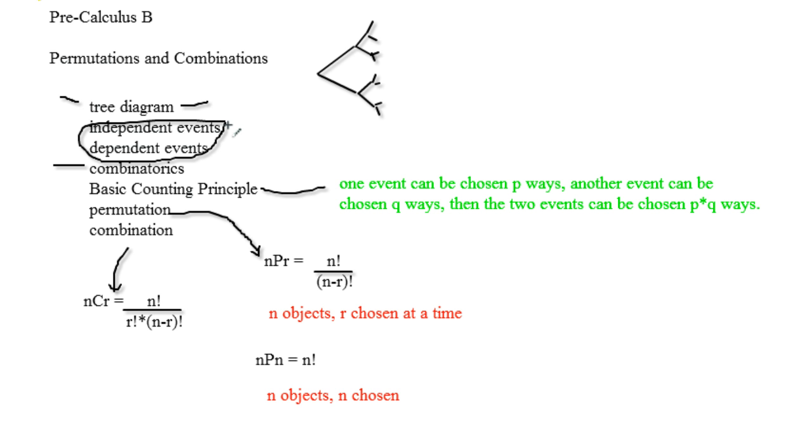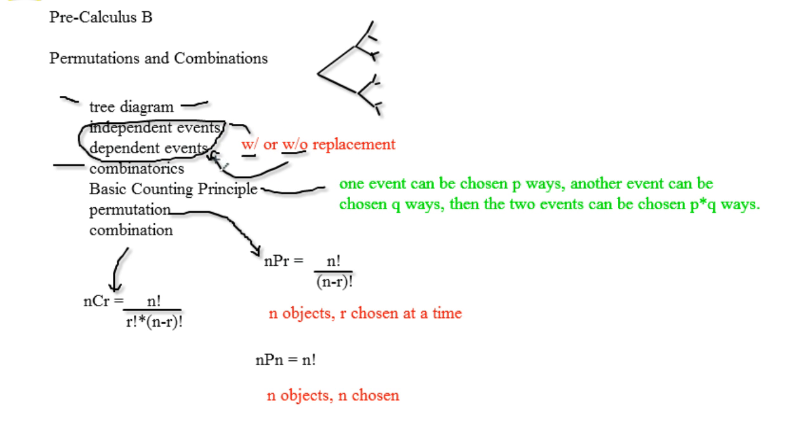Dependent events are where one's probability affects the other or subsequent probabilities, and that's usually connoted by events with or without replacement. Yep, I did spell it right. So with replacement, that would be actually a dependent event, and without replacement would be an independent event.